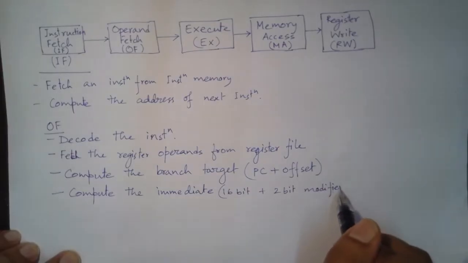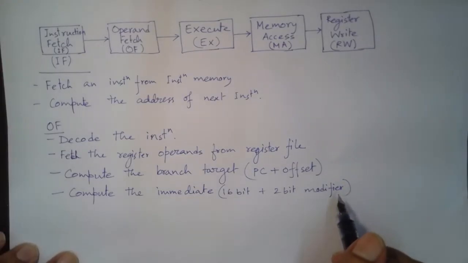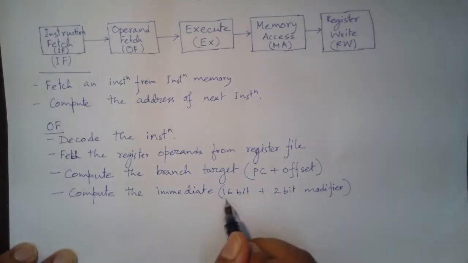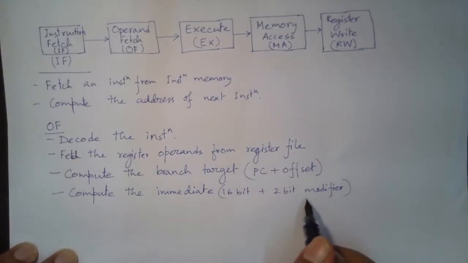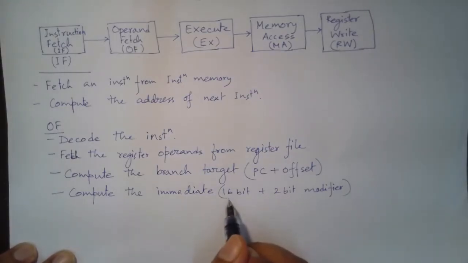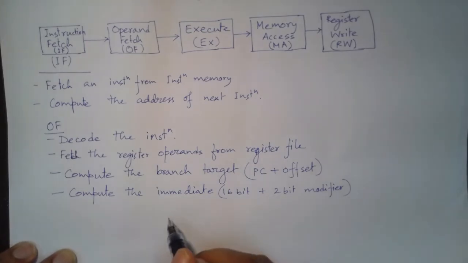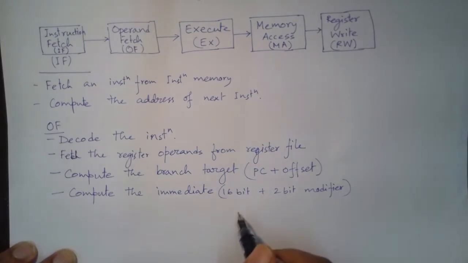Just to remind you, if I need to convert this 16 bit to 32 bit, the default modifier says that you extend the sign bit. If there is a U modifier, that means it is unsigned, so you just add zeros in the upper 16 bits.